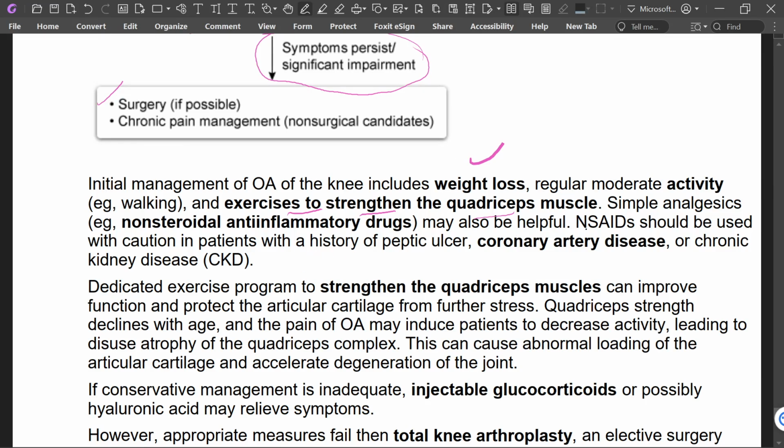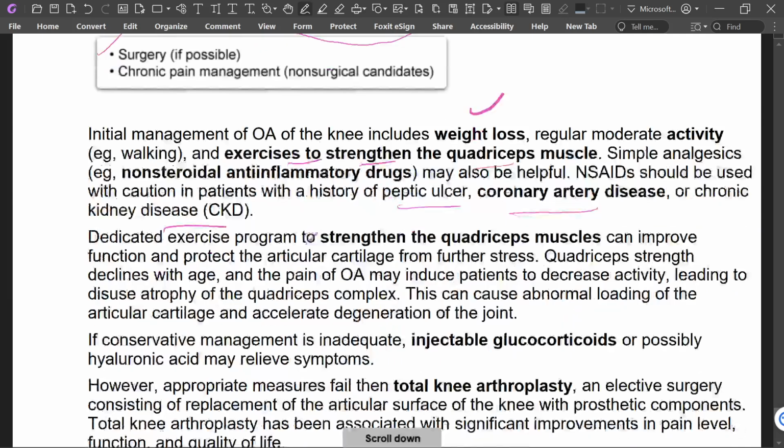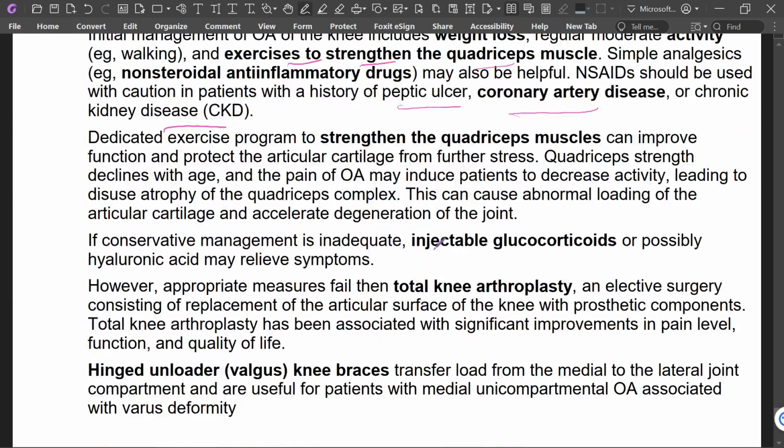Simple NSAIDs may be helpful, but caution in patients with peptic ulcer, coronary artery disease, and CKD. Dedicated quadriceps strengthening exercise can improve function and protect the articular cartilage. If conservative management is inadequate, injectable glucocorticoid, possibly hyaluronic acid, may relieve the symptoms.